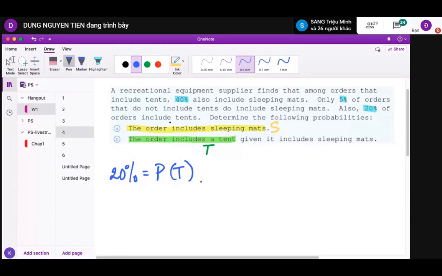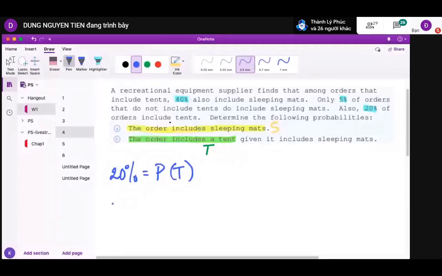How about 40%? What is that? 40% is the probability that an order includes sleeping mats among orders that include a tent.